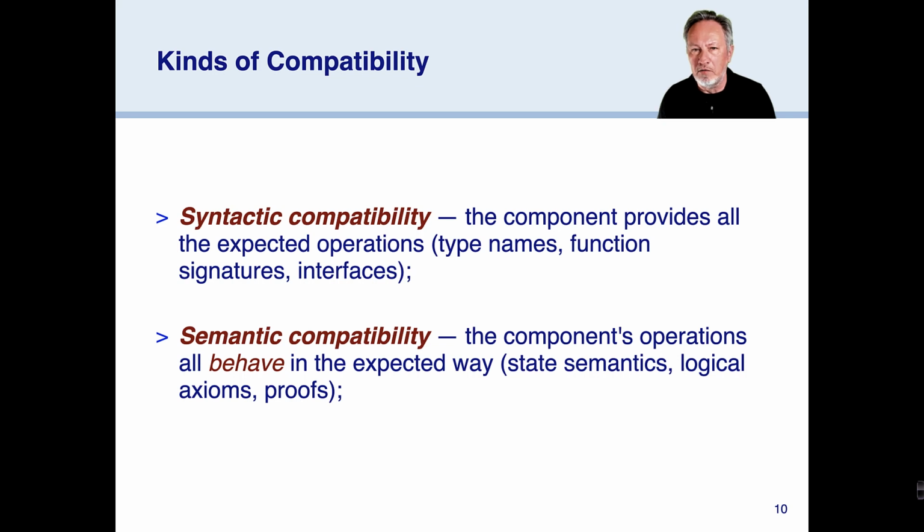At another level you go deeper and you consider semantic compatibility. So how do the things actually behave? And here, for example, I could have two components. One is a stack and one is a queue, and they could have exactly the same interface to add things to them and remove things and find out how many elements are there, except there's a fundamental difference.